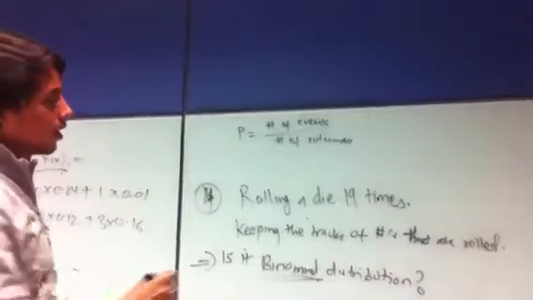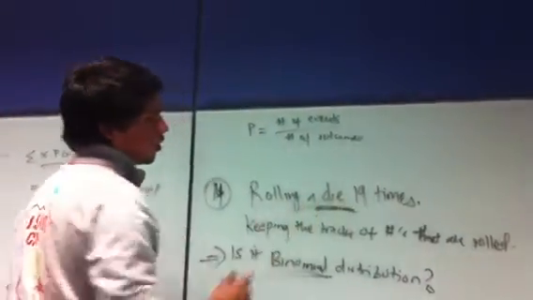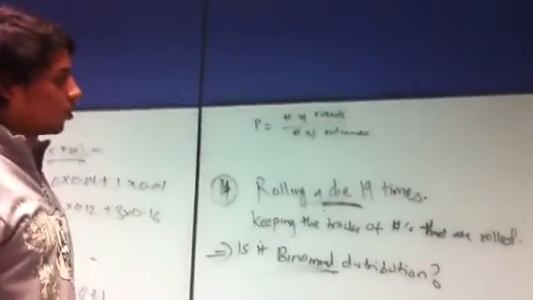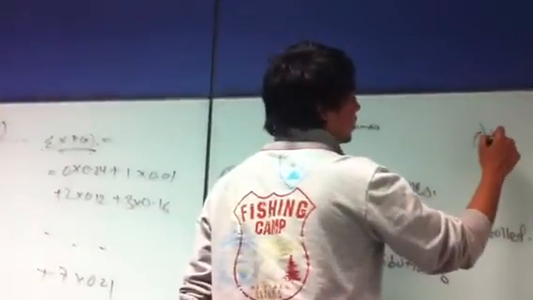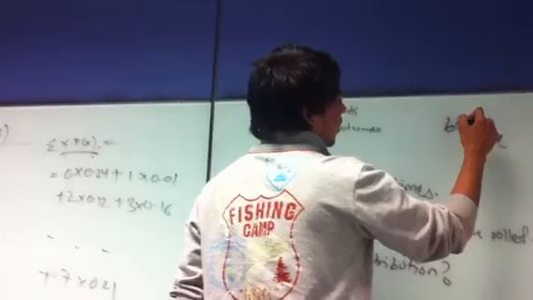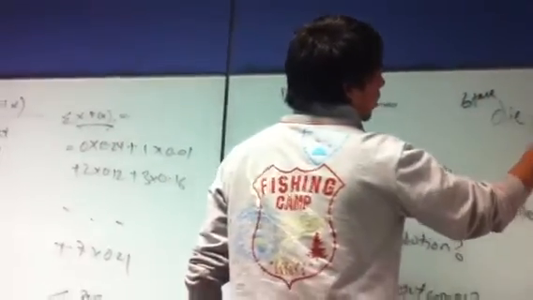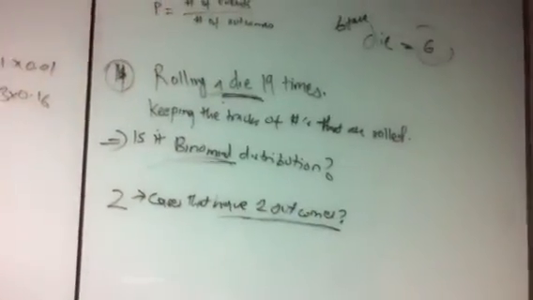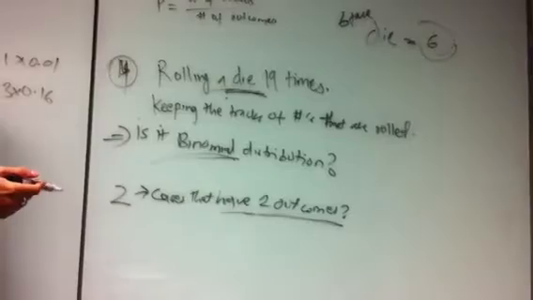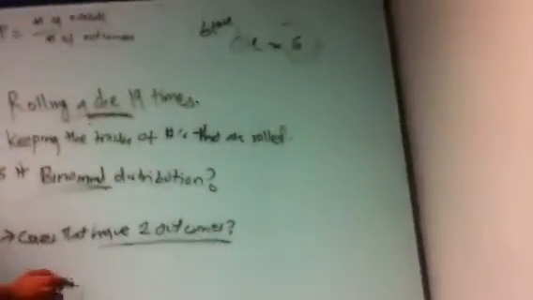How many outcomes does rolling a die have? A 6-faced die has 6 sides, right? So it has to have just 2 outcomes, but this one has 6. So that's why this is not a binomial distribution.